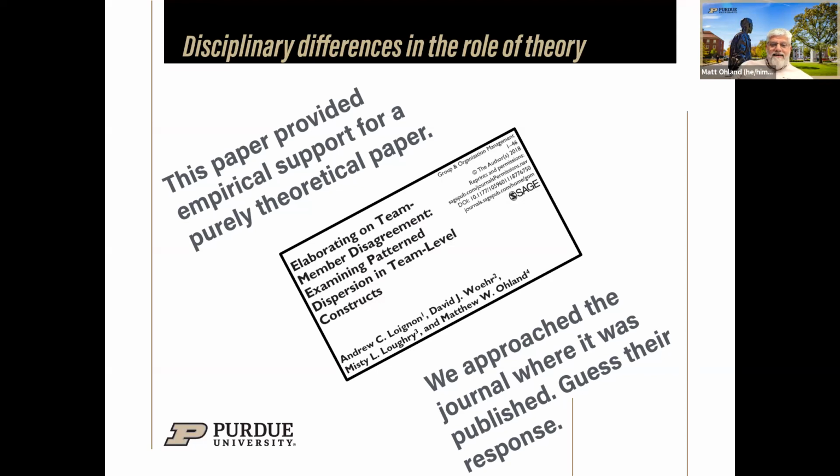We had the data, so we went into the data that was already in the CATME system. In fact, we confirmed all of the patterns that they predicted would exist, and we found a new pattern that they hadn't anticipated. We went to the journal and said, we have empirical data that is supportive of and expansive of the theory published in this other paper in your journal. And they said, that is not a novel contribution. And we said, oh dear God.